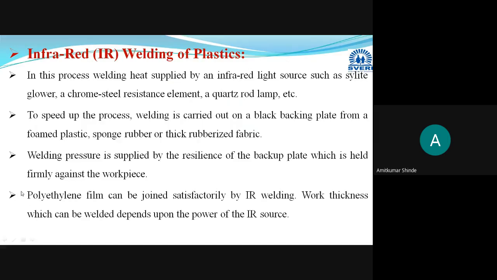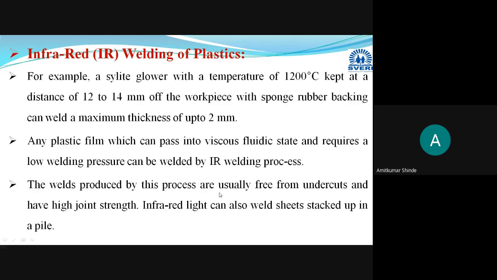For example, one practical example for infrared welding of plastics: polyethylene films can be joined with this IR welding. One practical example taken here is a silite glower with temperature 1200 degrees Celsius.